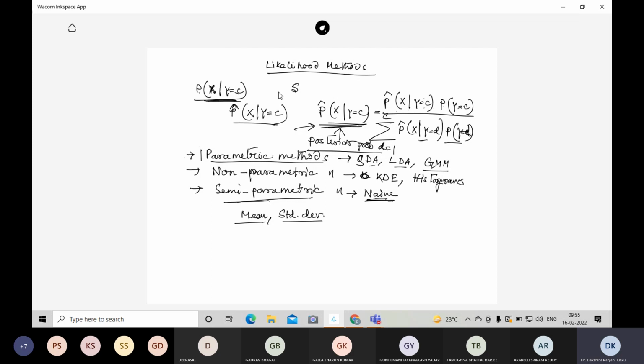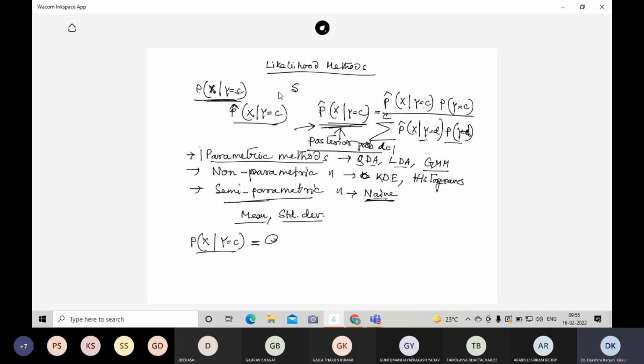Now in quadratic discriminant analysis, we can estimate the probability of x given y equals c. Then we can estimate the likelihood in terms of normal distribution.